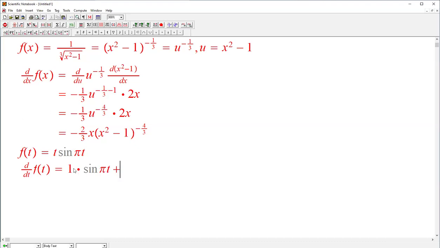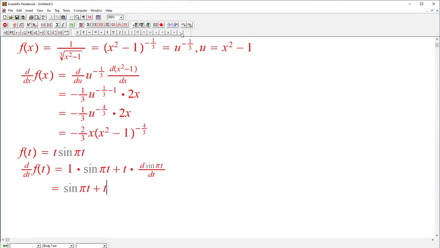Plus, now we're going to keep the t and differentiate sine pi t with respect to t. And of course, in this case, we're going to be applying chain rule. So the first part, we're going to have t left, and the second part, we're going to apply chain rule.